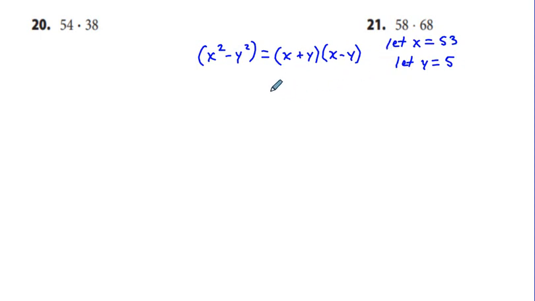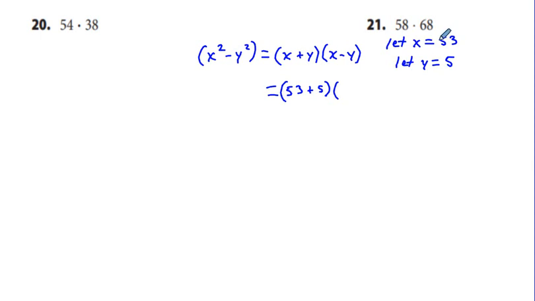So we're going to go ahead and write this out as, this time I'm going to work this out on the right side. So we're going to have x, that's going to be 63 plus 5. And I hope you can see that that's 58 times quantity. Oops.